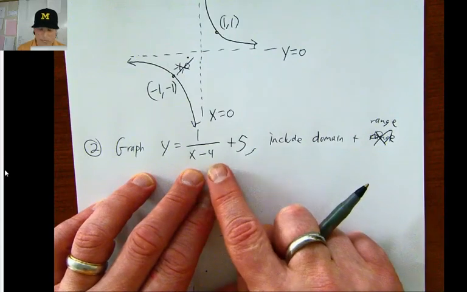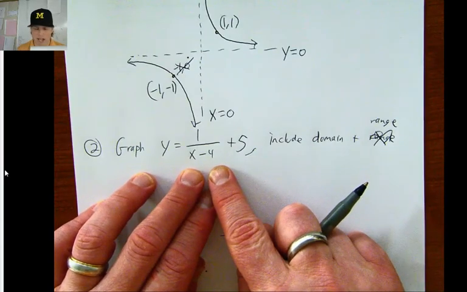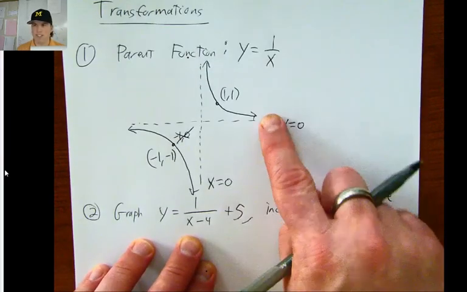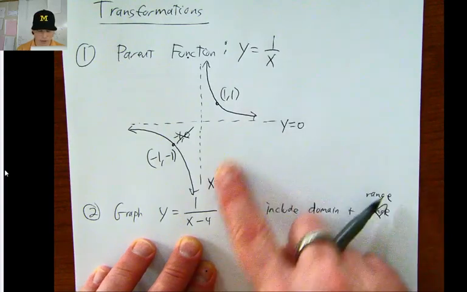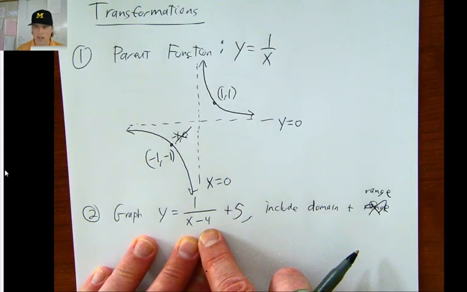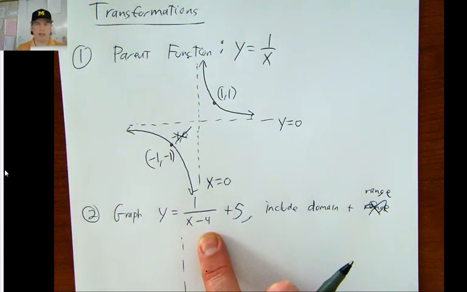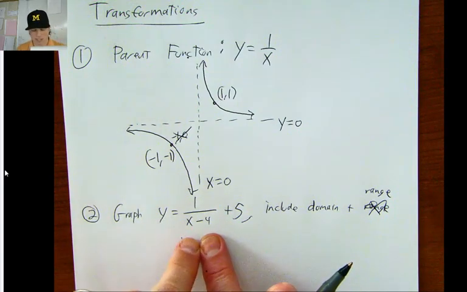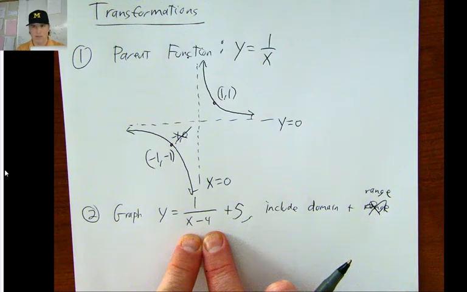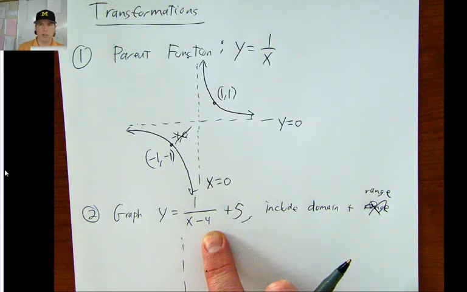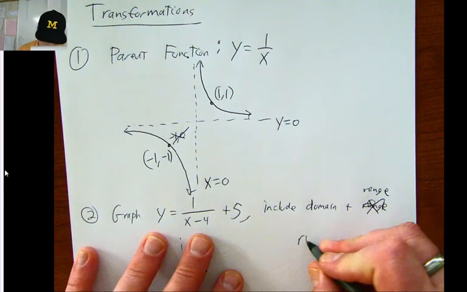Now, because of this x minus 4, this is considered inside the function because it's where the x is. So it's going to go left or right, and as always, you do the opposite of what it says. Because it says minus 4, that may make you think it's going left 4 where the negatives are, but it's actually going right 4.